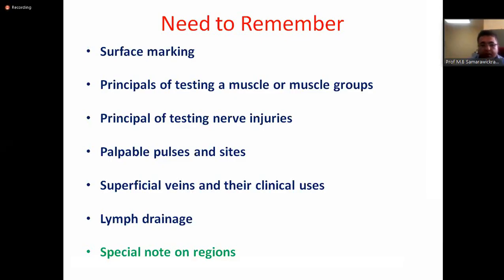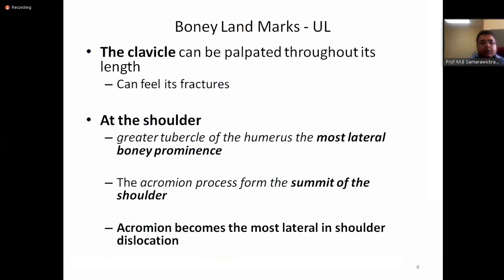Then superficial veins and their clinical uses, especially the upper limb superficial veins, lower limb superficial veins, and superficial veins in the head and neck region. Then lymphatic drainage, you must know the important lymphatic groups in the body, and special notes on regions, right?